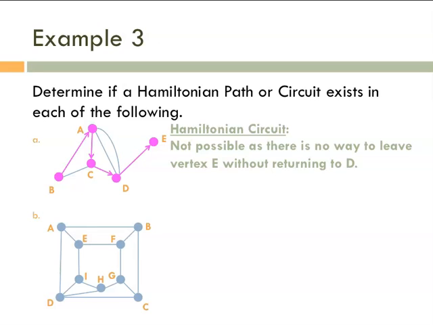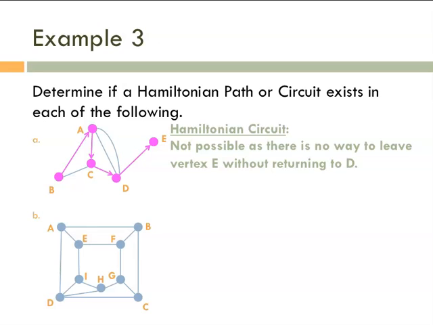Because going through D is the only way to get to E, but in order to get from E back to something else, the only way is through D. Okay, so that's kind of an example of how we would have to explain without having a theorem, right? So you can explain that, but there's no theorem that says, oh, if this, then this.